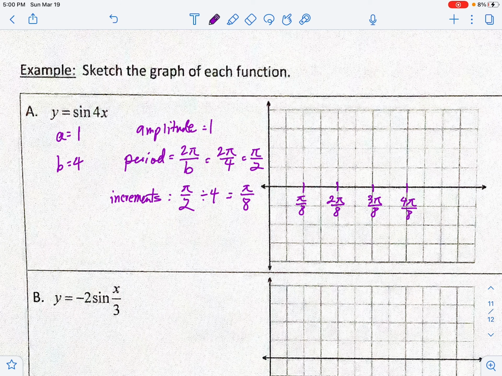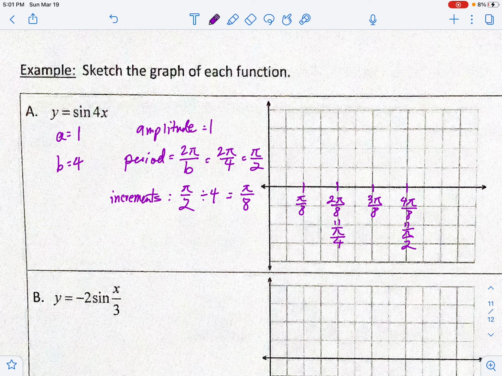Now, if I simplify this a little bit and reduce my fractions, 2 pi over 8 turns into pi over 4. And 4 pi over 8 will be pi over 2. So it does work out that I have a full cycle within 4 increments with a given increment.